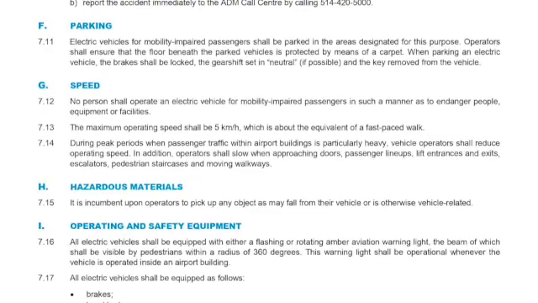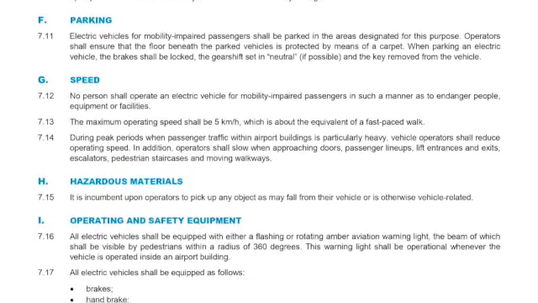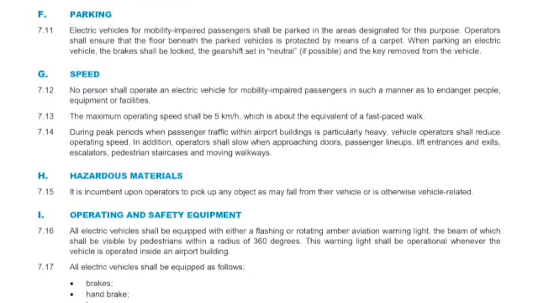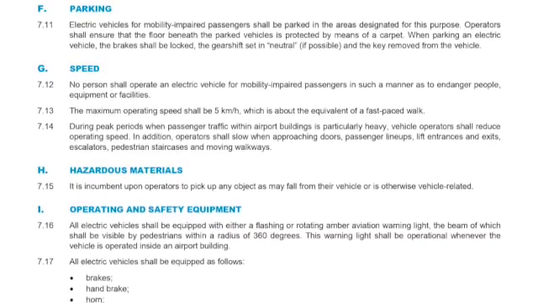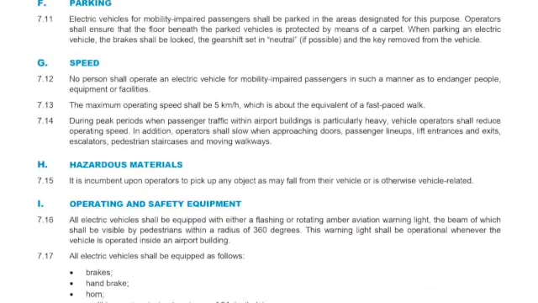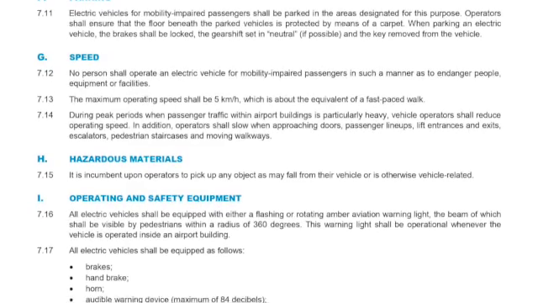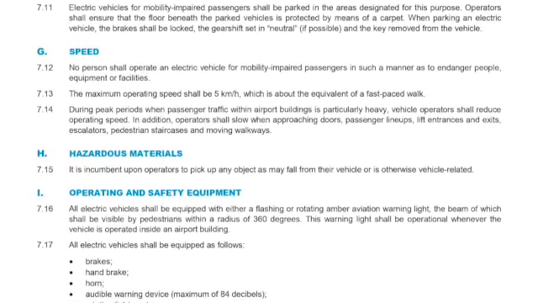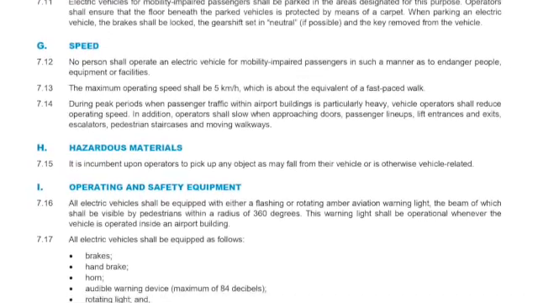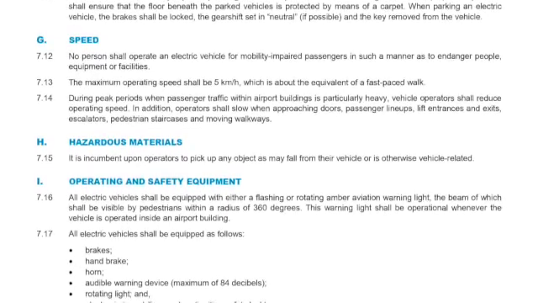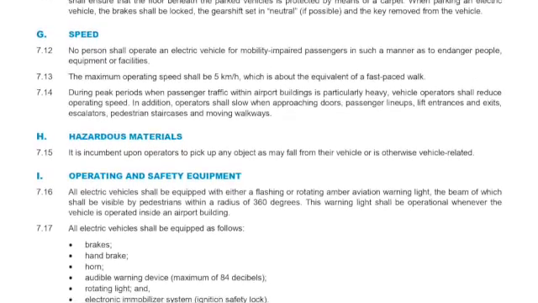In addition, operators shall slow when approaching doors, passenger lineups, lift entrances and exits, escalators, pedestrian staircases and moving walkways. H. Hazardous materials. 15. It is incumbent upon operators to pick up any object as may fall from their vehicle or is otherwise vehicle related.